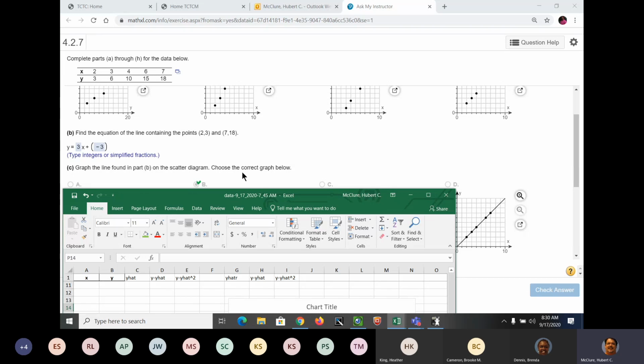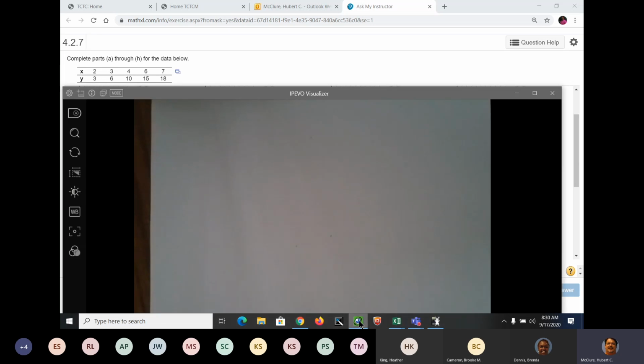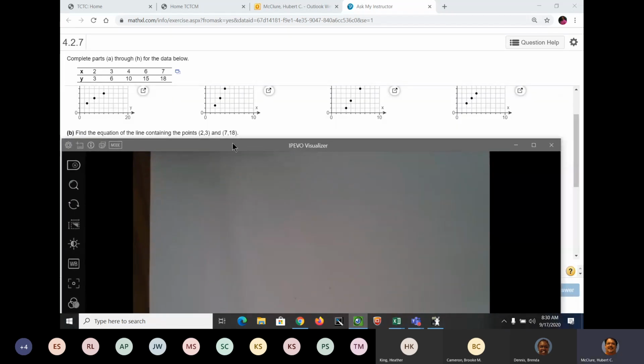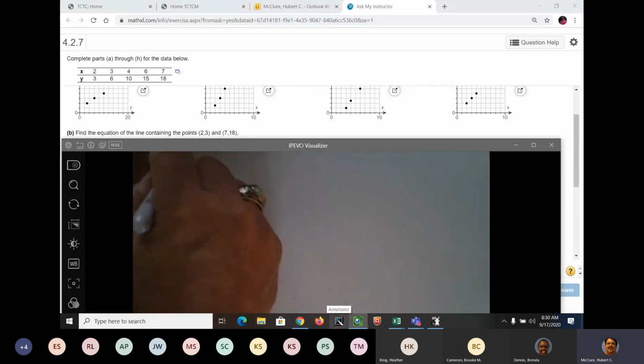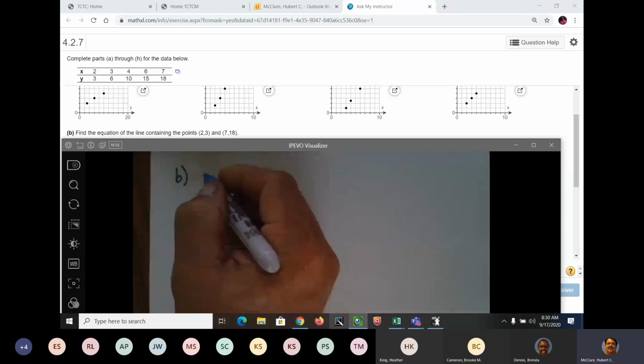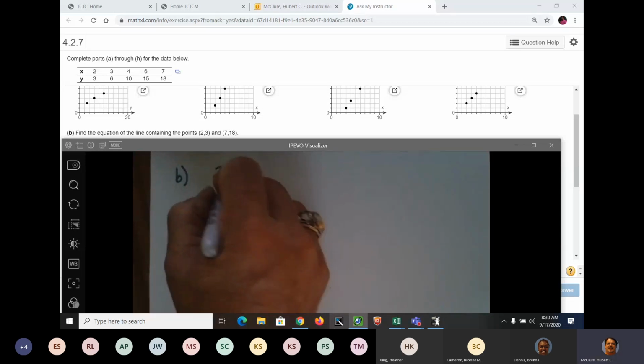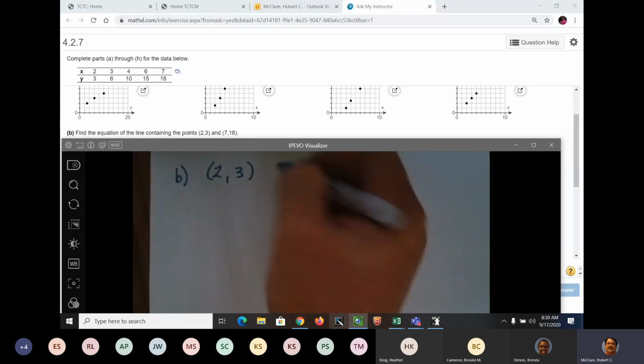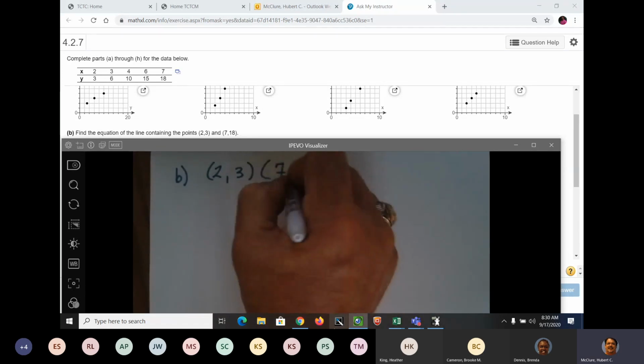So I'm going to take my handy dandy document cam, and we're going to do this right here. So B, we are given 2 points, and those points are 2, 3, and 7, 18.